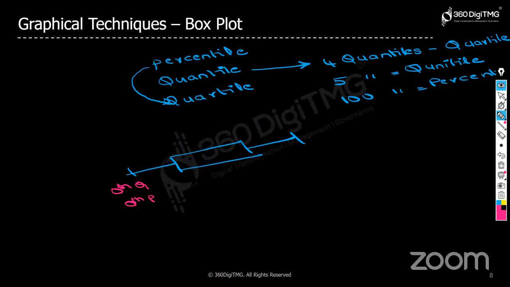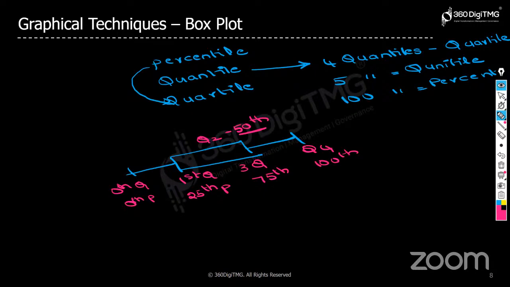And this is first quartile and 25th percentile. Why? Because 25% is present. And this is third quartile and 75th percentile. And this is the fourth quartile or Q4 and 100th percentile. The median, Q2, is the 50th percentile. So this is the relationship between quartiles and percentiles.